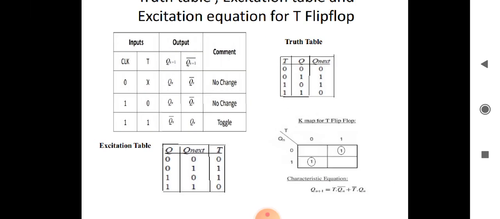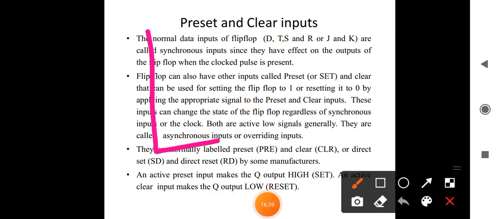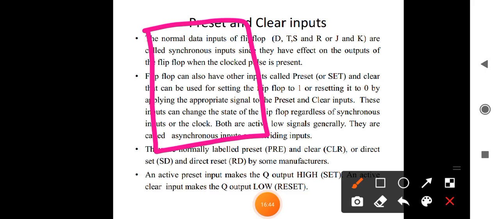Next we see about the preset and clear inputs. The normal data inputs of flip-flops, that is D, T, S and R and JK flip-flop, are called synchronous inputs. For example, normally we give the clock pulse here.